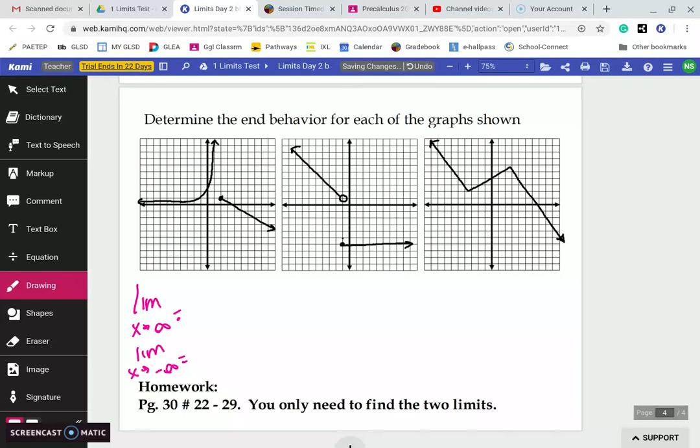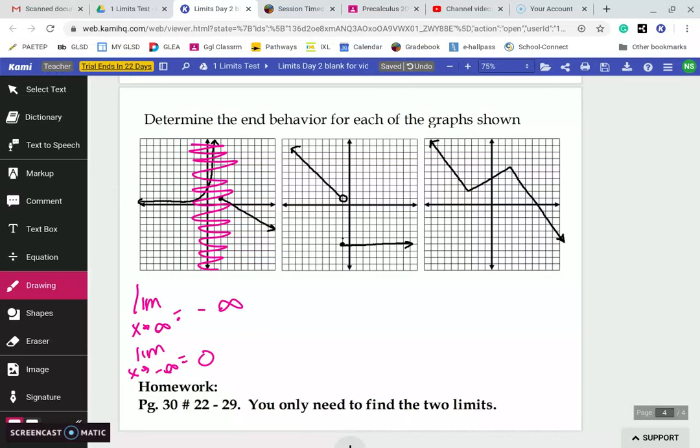So again, these first two here usually trick people up. But again, I don't care what's happening here. None of that matters. It only matters to the very right and to the very left. So to the right, the graph is going towards negative infinity, and to the left, the graph is going towards 0.